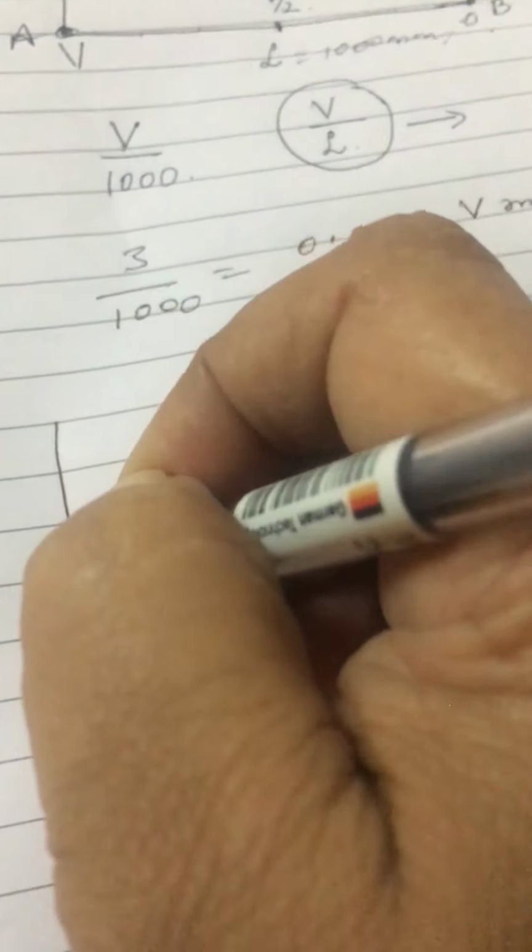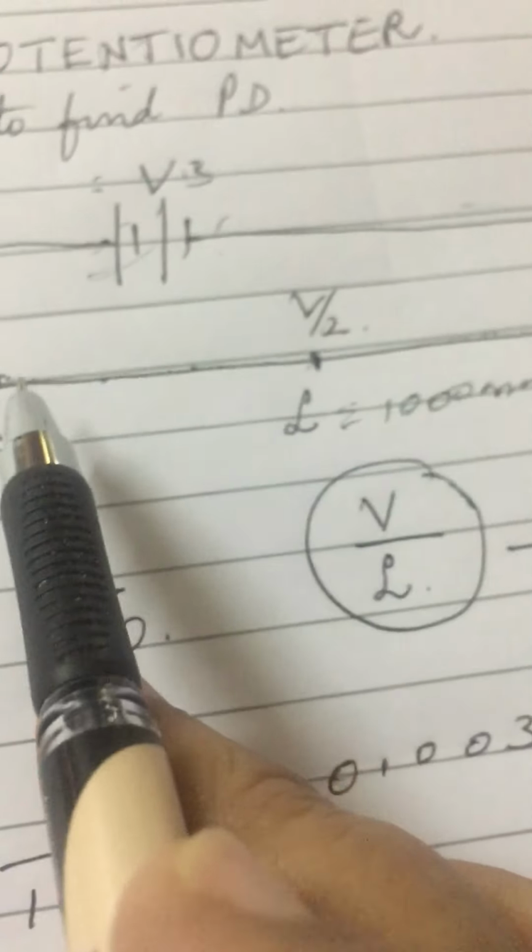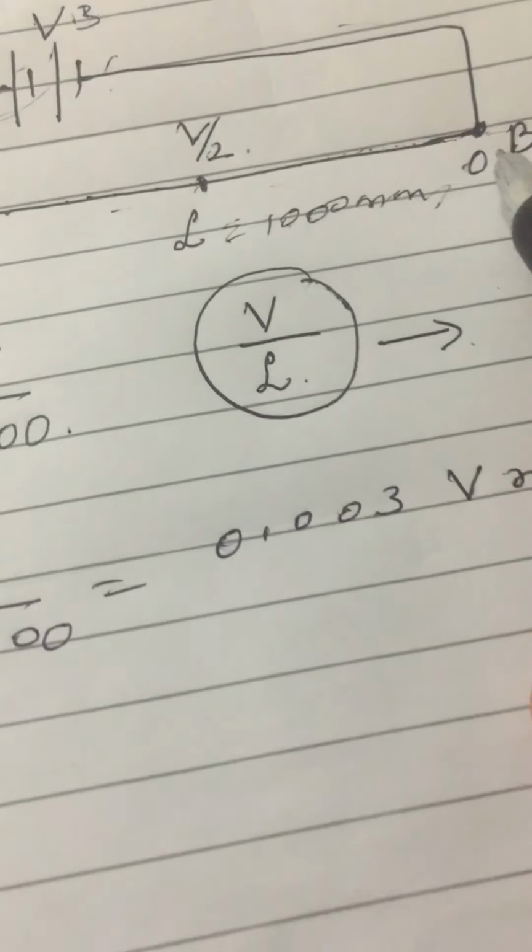Now what is a gradient? For example, supposing we have V on the y-axis and L on the x-axis. When V is maximum, that means L is 0. So as L is increasing, for the maximum length L, the potential becomes 0. So how will you get your graph? We will get our graph something like this.